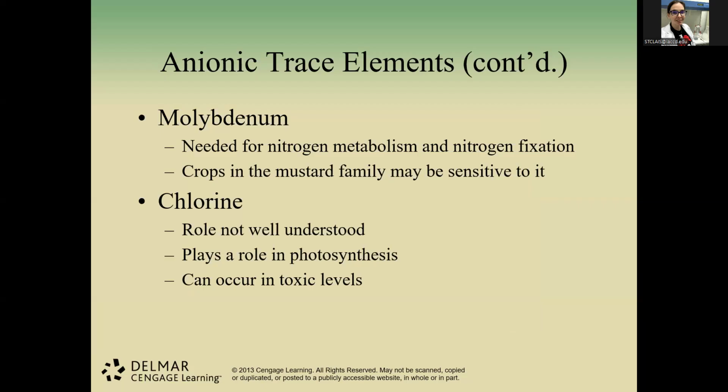And then let's take a look at these other anionic trace elements, which are negatively charged ions when they're dissolved in the soil solution. So we have molybdenum. Molybdenum is needed for nitrogen metabolism as well as nitrogen fixation. And too much molybdenum can harm crops in the mustard family.